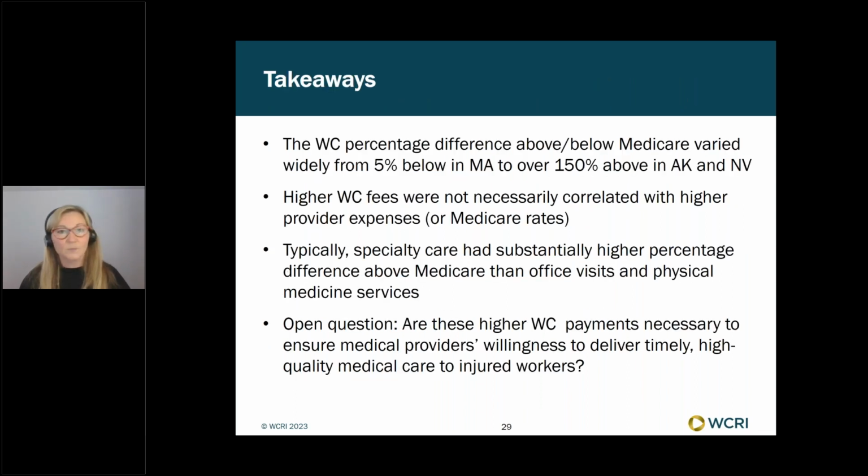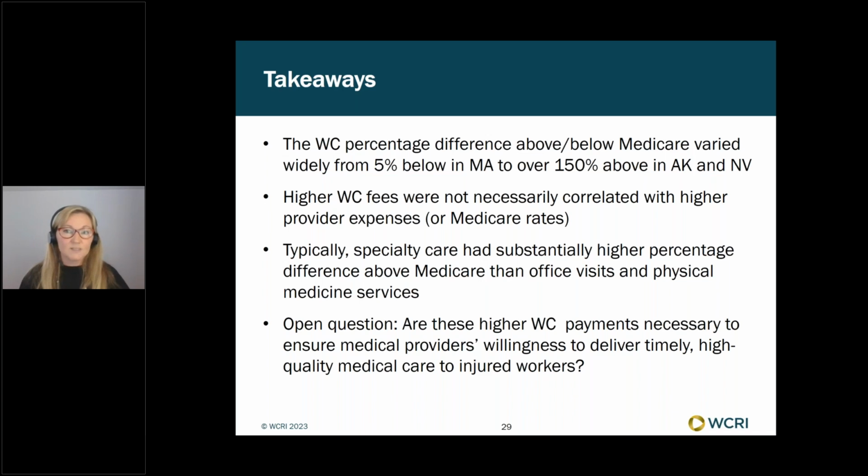The main takeaway is that we observe a wide variation in the workers' compensation fee schedule rates. I guess it was surprising for many of you, and it ranged from 5% below Medicare in Massachusetts to 150% above in Alaska and Nevada. Furthermore, high workers' compensation fee schedule rates were not related to higher provider expenses.